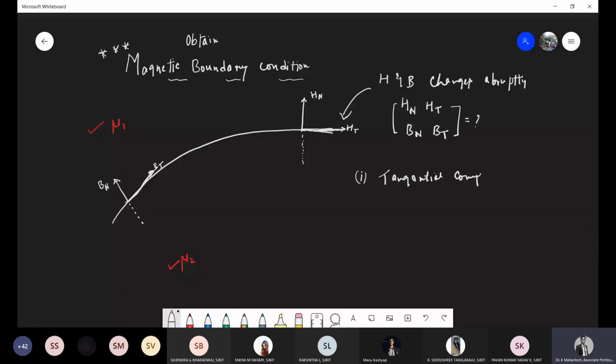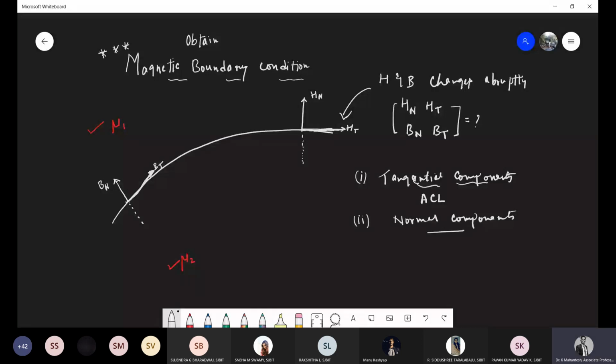In order to determine tangential components, I will use Ampere's circuital law on the boundary. Similarly, for the second case, to determine normal components, I will use Gauss law.